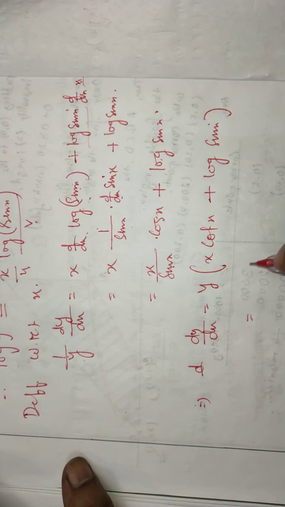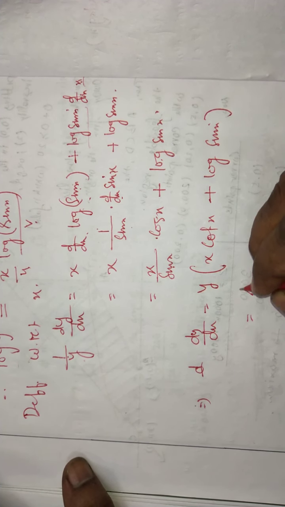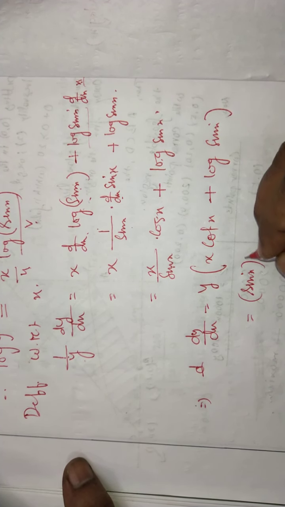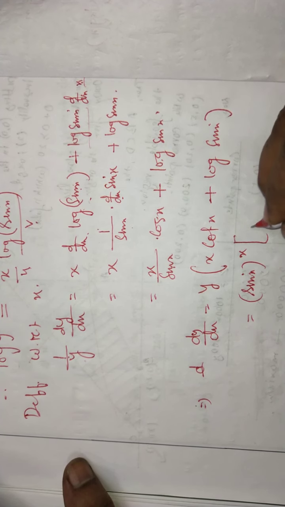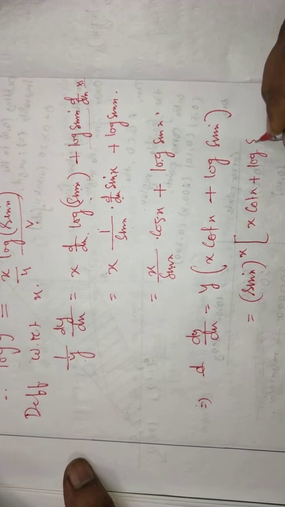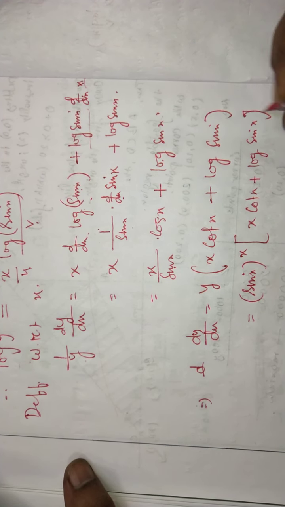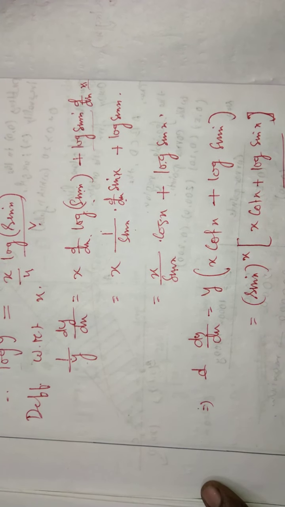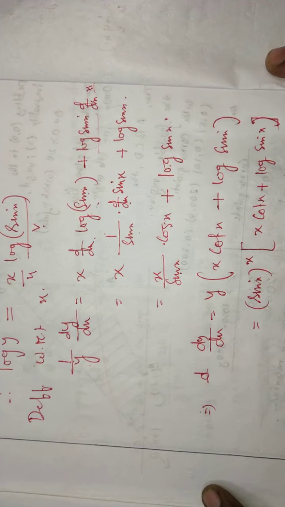What is the value of y? Y is sine x whole to the power x, and it will be x cot x plus log sin x. This is your final answer. Okay, I have solved 2 problems, and I hope you can solve the third one also.